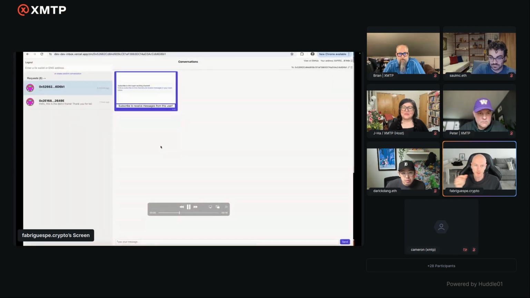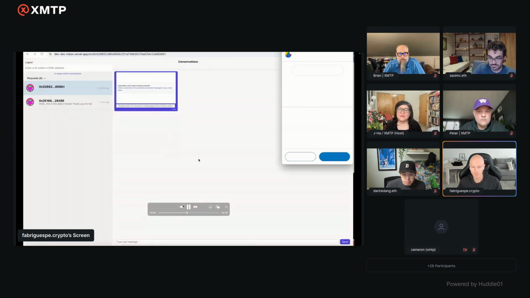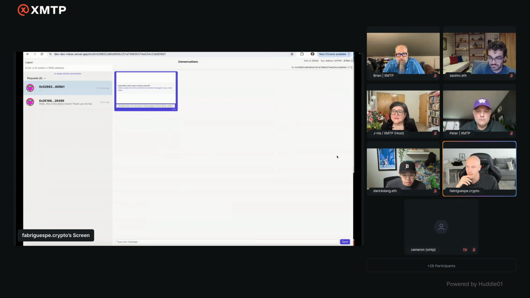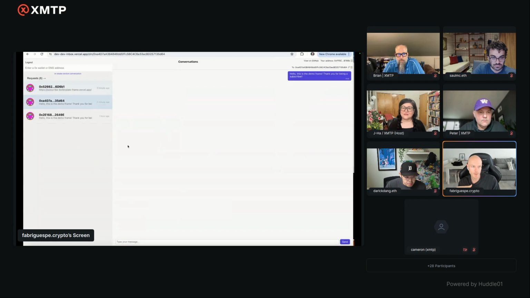So as you can see, you create a new conversation and you can send a frame. This frame is triggering a wallet connection. So it's a very lightweight signature, and it's going to give you consent at the protocol level. So after you accept this signature, then the sender is going to send you a message, and this message is going to go into your main inbox, not in the request inbox.